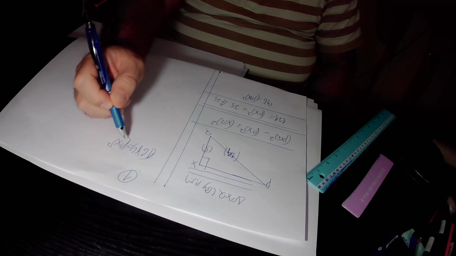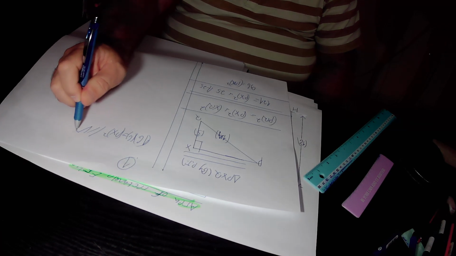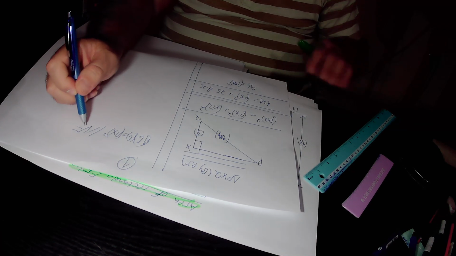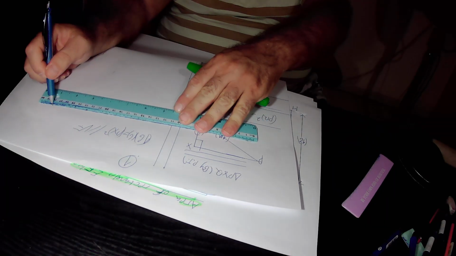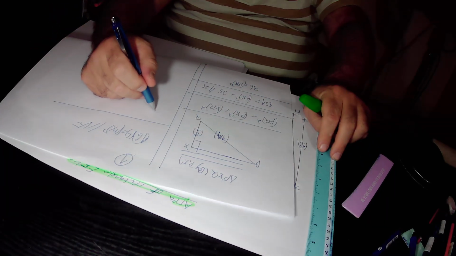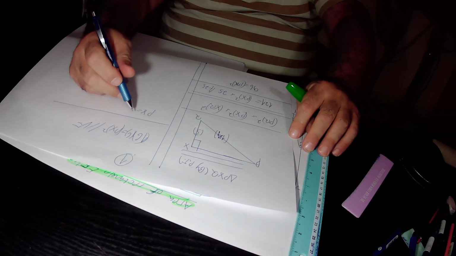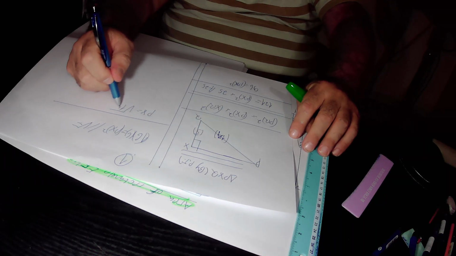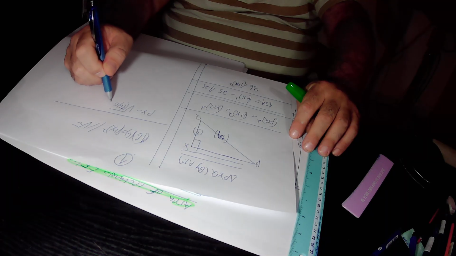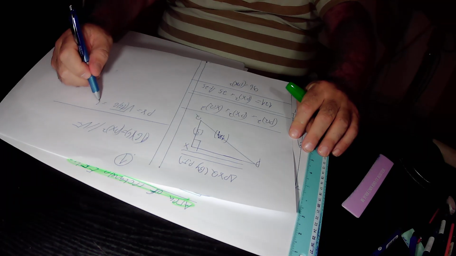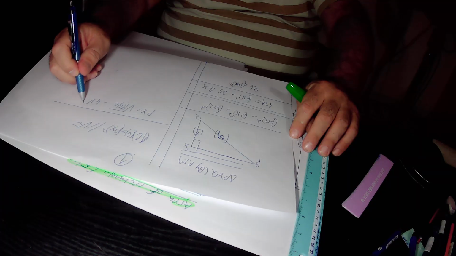Here we take the root of this equation, and finally we get that the missing side PX equals the square root of 16 times 6. The square root of 16 is 4, so inside the root we are left only with 6.